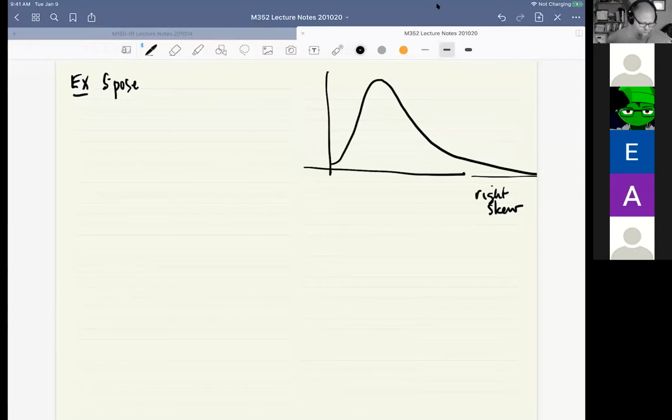All right, so suppose we're manufacturing something else. Suppose we're manufacturing cereal and filling cereal boxes.